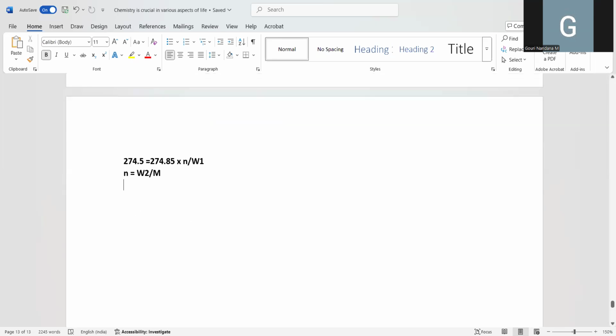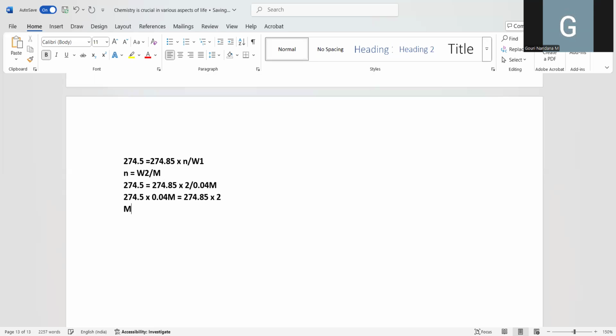So now, putting it into the equation, 274.5 is equal to 274.85 into 2 by M. From this, 274.5 into 0.04 M is equal to 274.85 into 2.